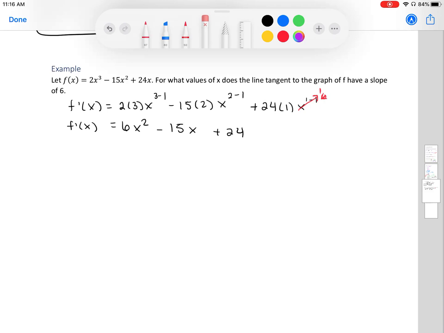And we don't have to write x to the first power. Okay, now I want to have a slope of 6. So that means that this function needs to be set equal to 6. Okay, let's go ahead and solve. Now to solve, I need to set it equal to 0 first. So minus 6, minus 6.